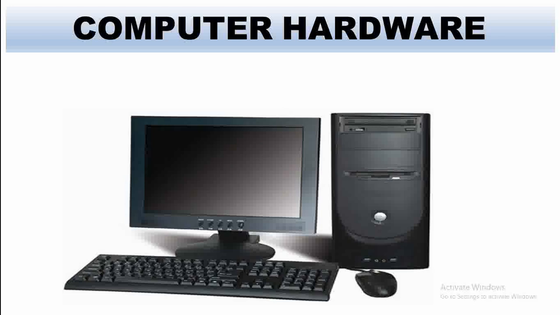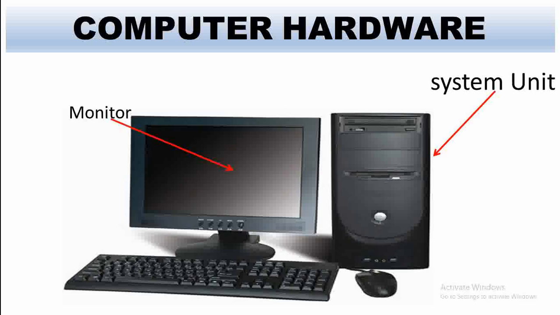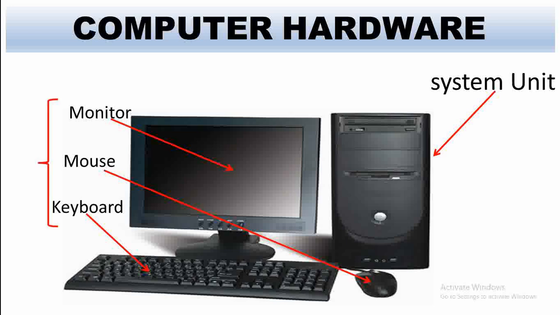We have the system unit, the monitor, the mouse, then the keyboard. The monitor, the mouse, and the keyboard, the three of them are computer peripherals, and they serve as either input device or output device to the computer system.